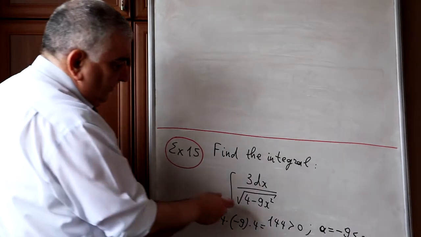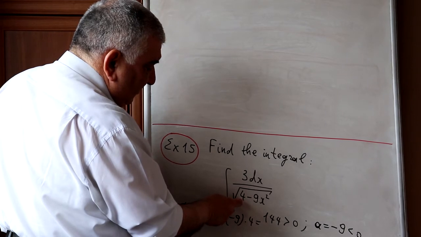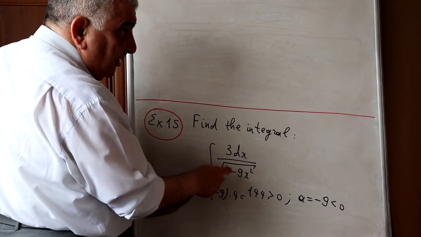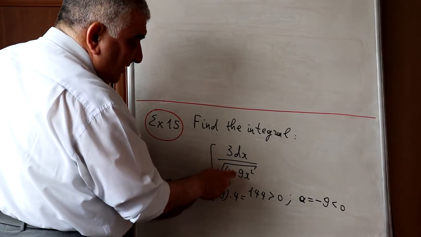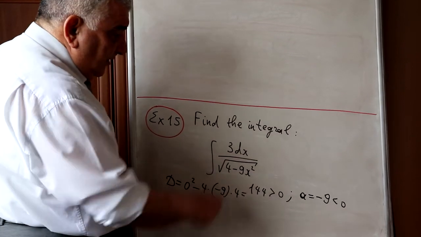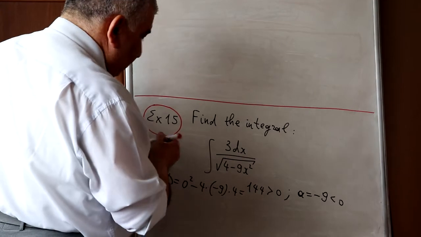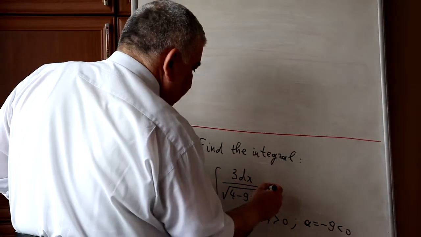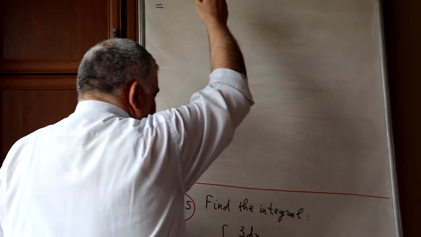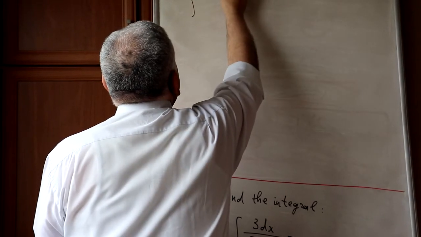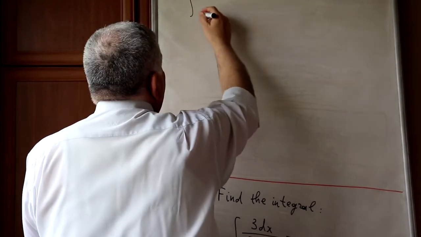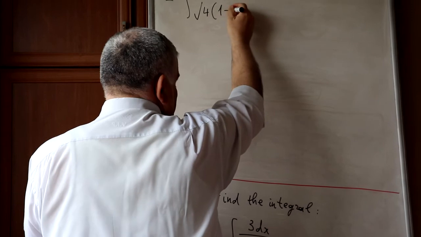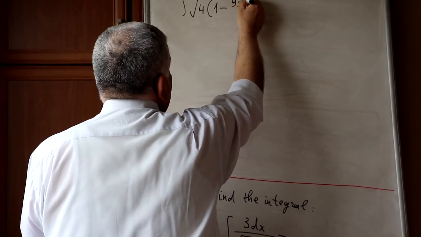Then we must transform 4 into unity. For this, take 4 out of the parentheses in the root expression. It equals the integral of 3dx over square root of 4 multiplied by 1 minus 9x squared over 4.